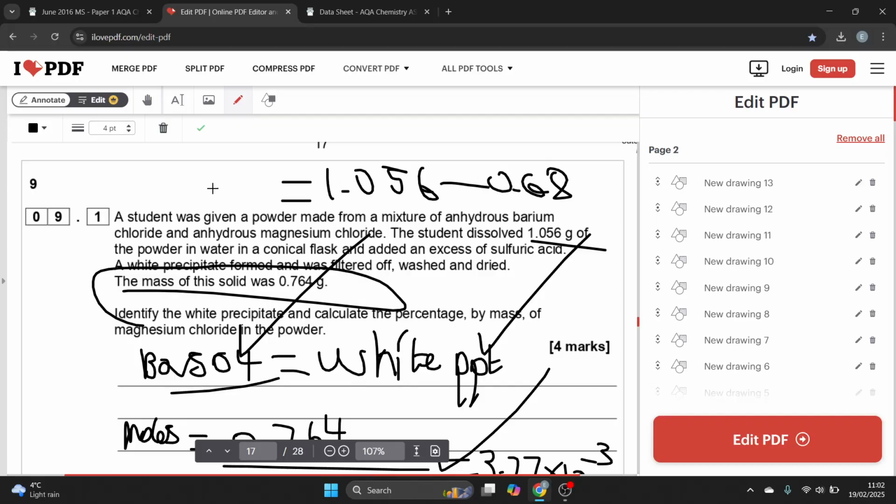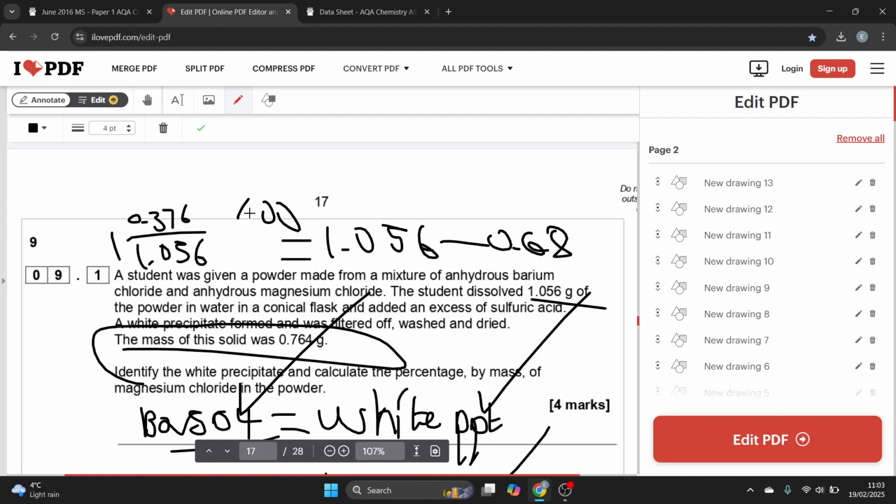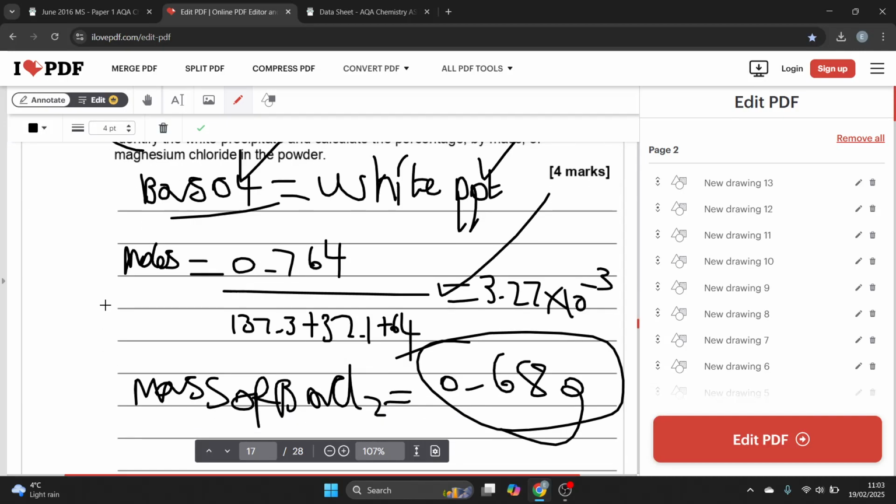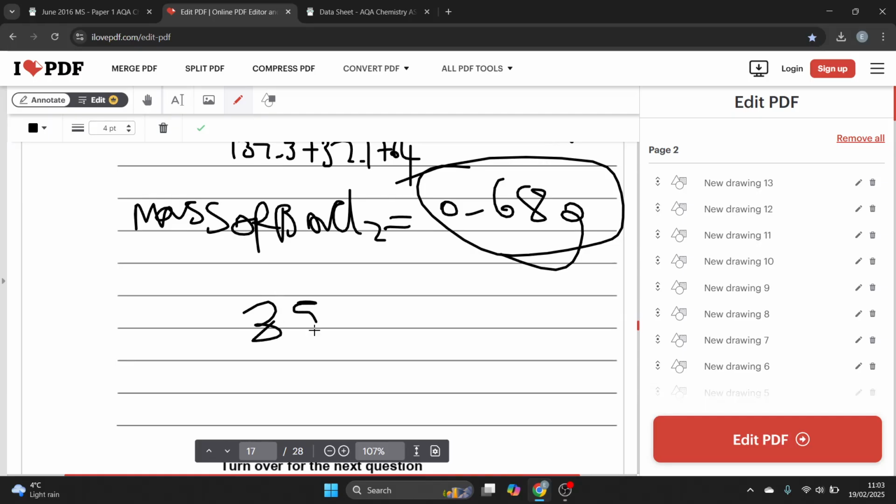That will give me the mass of magnesium chloride, so 0.376, and then do that over 1.056 times by 100. 0.376 divided by 1.056 times 100, and I get 35.6%.